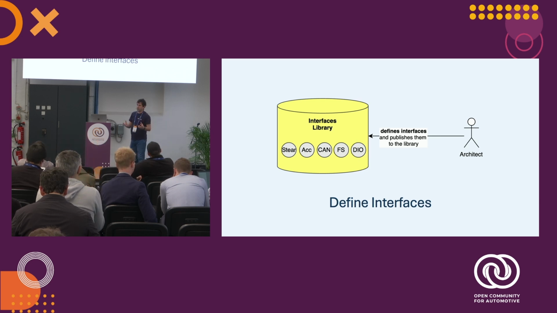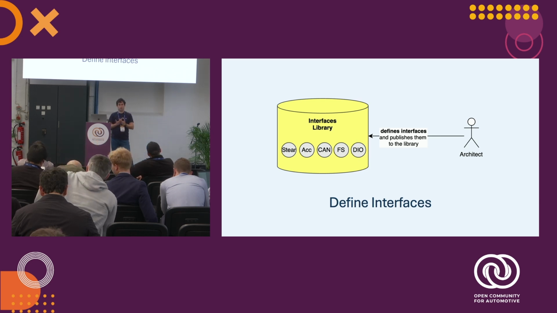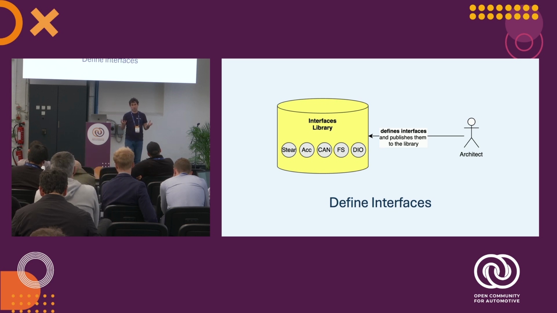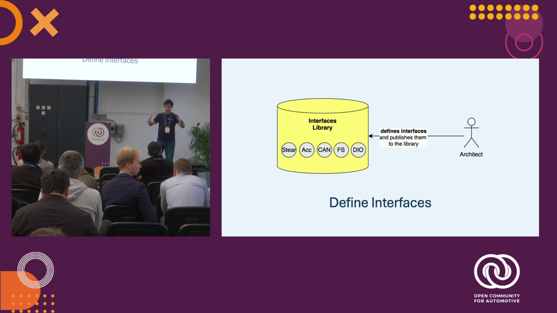So the first thing that we will do is define a few interfaces which these third-party modules will be able to use. WebAssembly components define an IDL, interface definition language, where you can define the interfaces and what the functions are and what the data models are. It's similar to AIDL of Android.